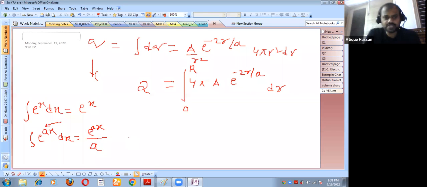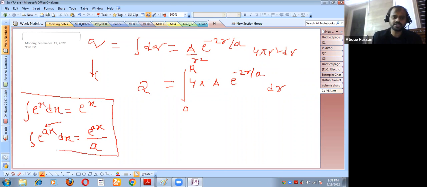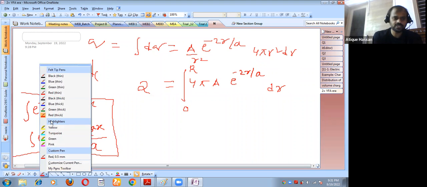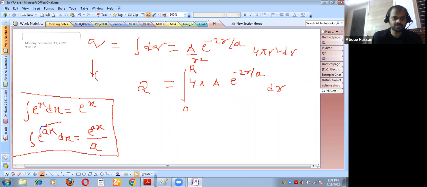In differentiation it gets multiplied, but in integration the constant, here a, always gets divided. So this is how integration is done.